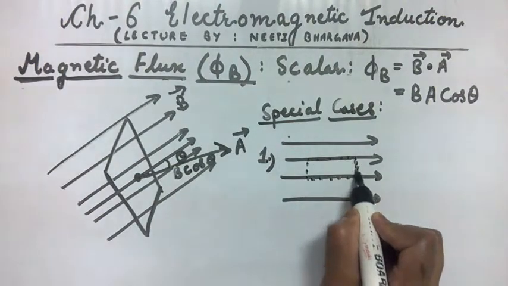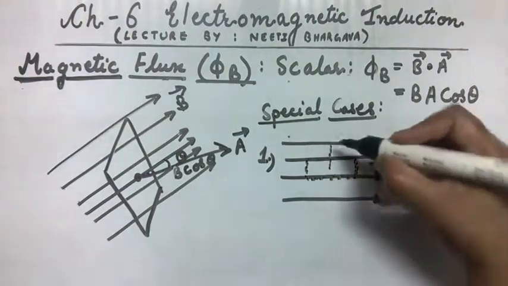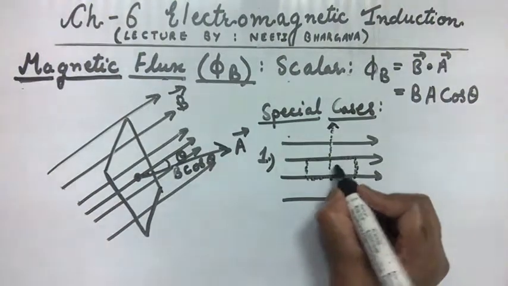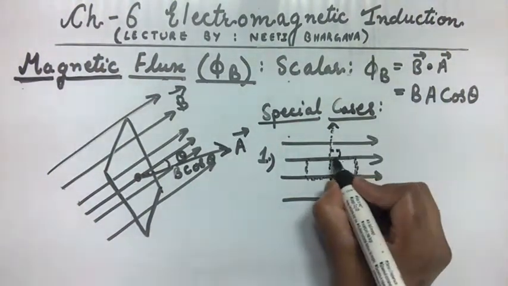If the area is placed parallel, then its area vector is perpendicular outward, and this is making an angle 90 degree with magnetic field.